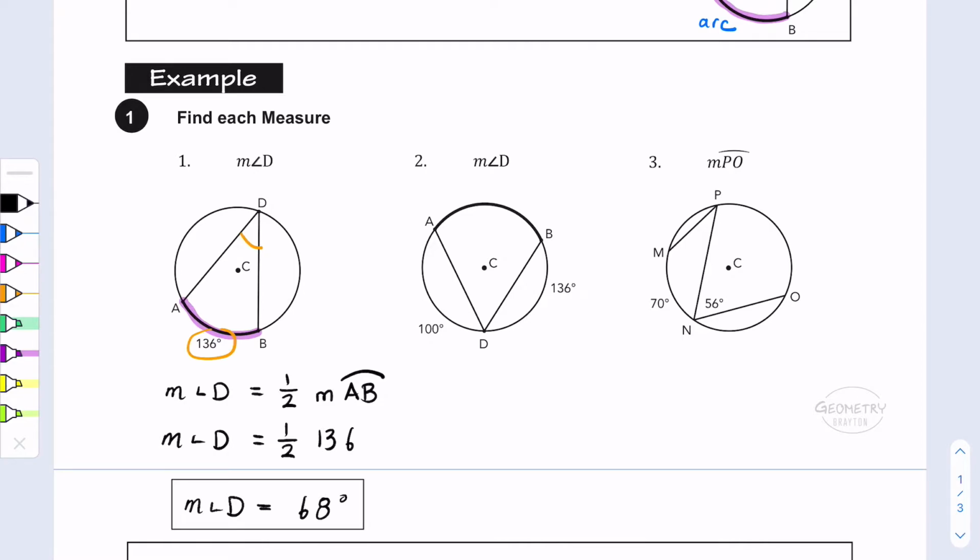For number 2, recall that the circle adds up to 360 degrees. So we have 100 degrees here, we have 136 degrees here. So this arc right here is what's left over.